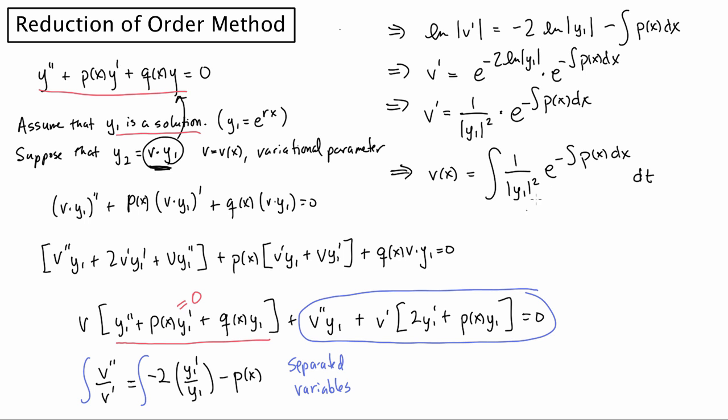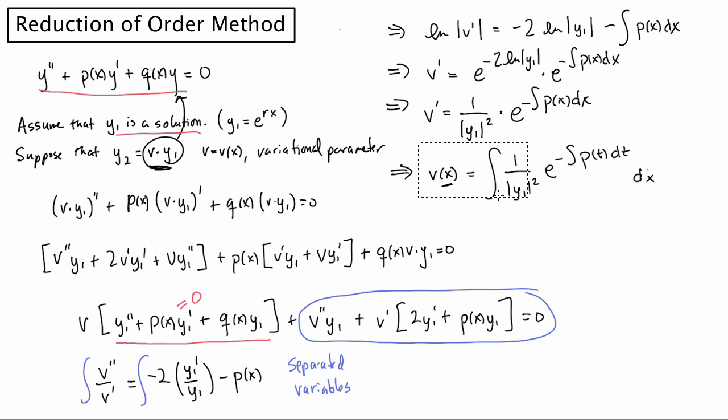I want to make sure this comes out to be a function of x, because the left-hand side is a function of x, so the right-hand side needs to be as well. So I'll make this a dummy variable t, and I'll make the outer integral x, so that it comes out to be a function of x. We have our formula.